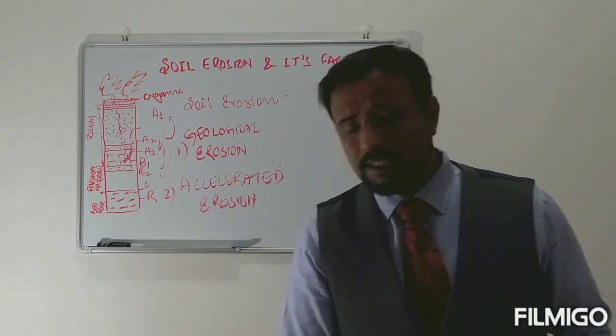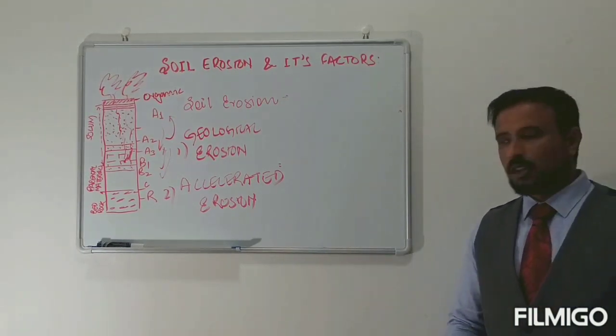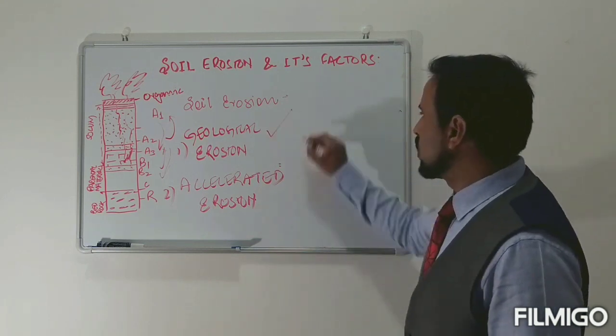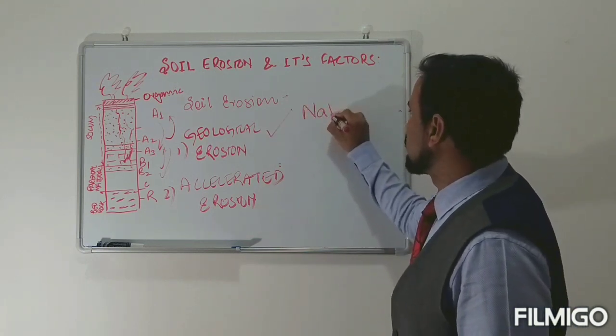So when I say there are two processes of soil erosion, one is called geologic erosion, which is a natural process.